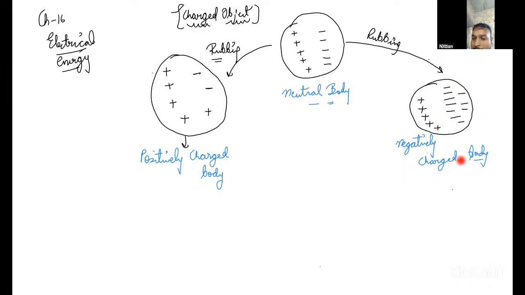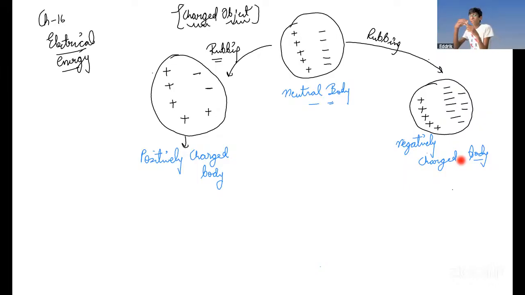In the same way, attraction is not the property that tells us what is positive and what is negative. This is important. One can be positive, one can be neutral, and still they will attract.